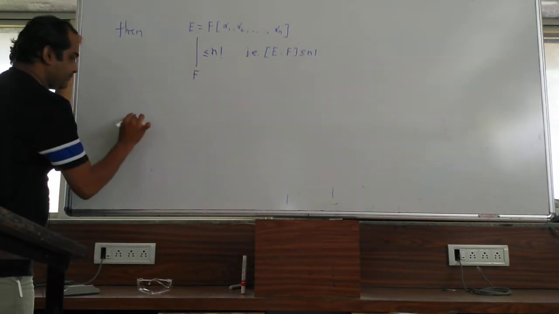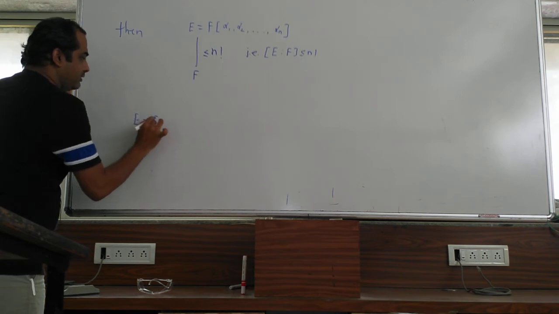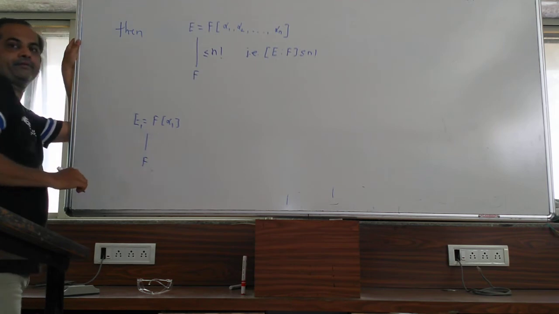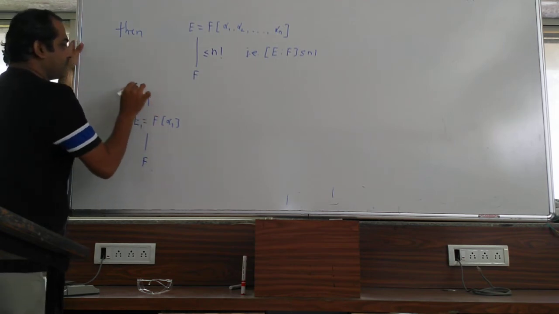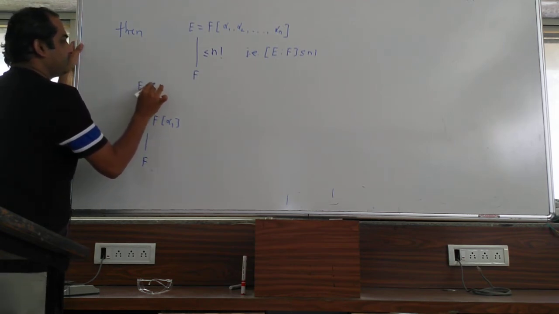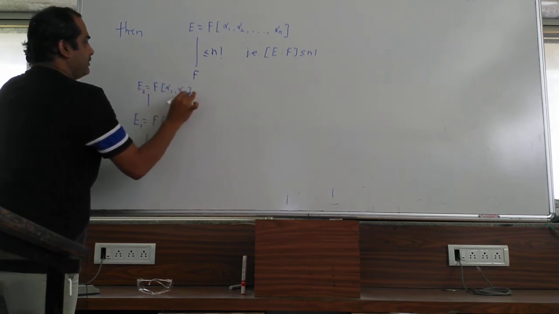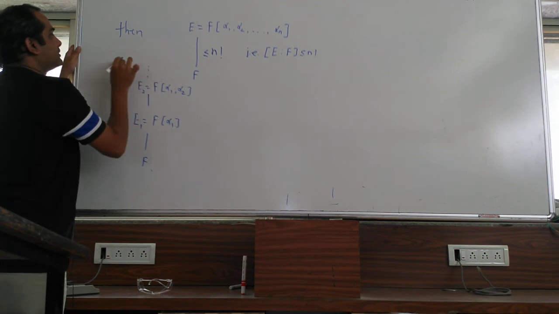The simple one: e1 is f of alpha 1 over f, attaching the first root. Then e2 is f of alpha 1, alpha 2, and continue this process.